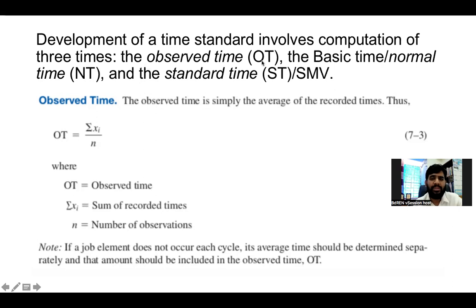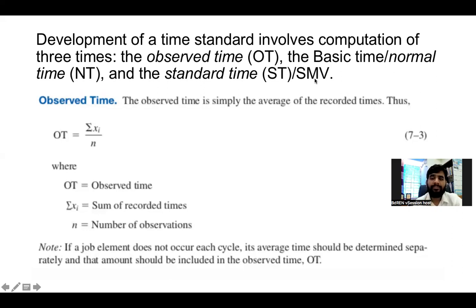Number 1 is observed time. Number 2 is normal time. And number 3, finally, you will get standard time, also known as standard minute value, because usually how long does it take to finish a job? We say 50 minutes. But if it is a huge job, then you can use standard hour value, SHV.